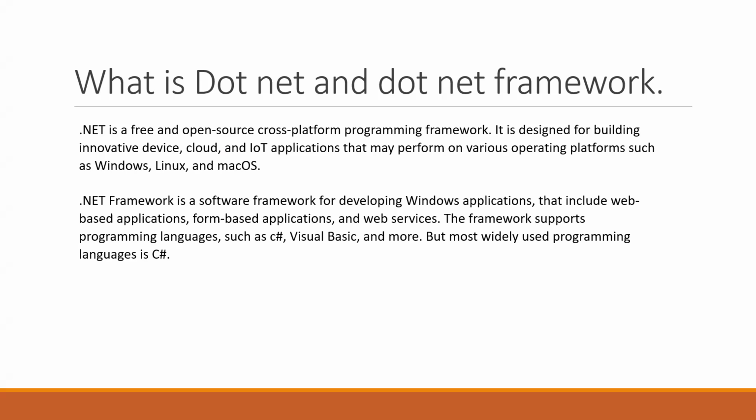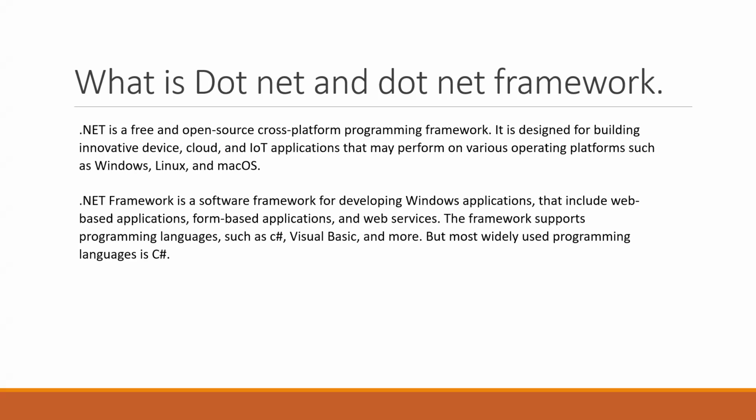But .NET Framework is a software framework for developing Windows applications. We can even create web applications, that include web-based applications, form-based applications, and web services. But the main difference is that .NET Framework is widely used for Windows applications only.